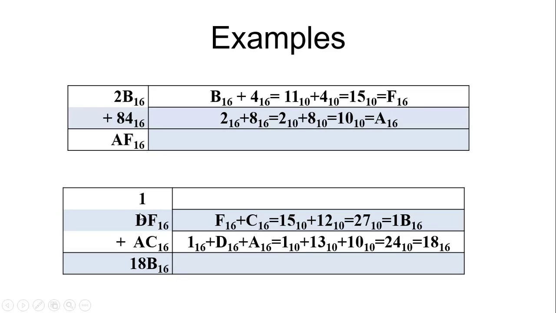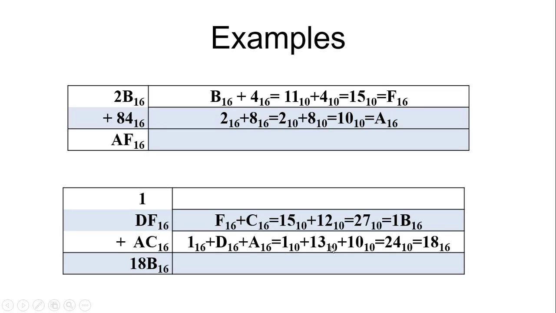The next column contains 3 digits: 1 plus d plus a. 1 in hexadecimal equals 1 in decimal, d in hexadecimal equals 13 in decimal, and a in hexadecimal equals 10 in decimal.